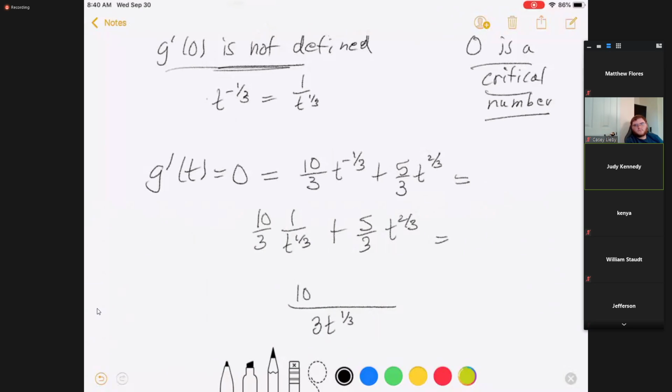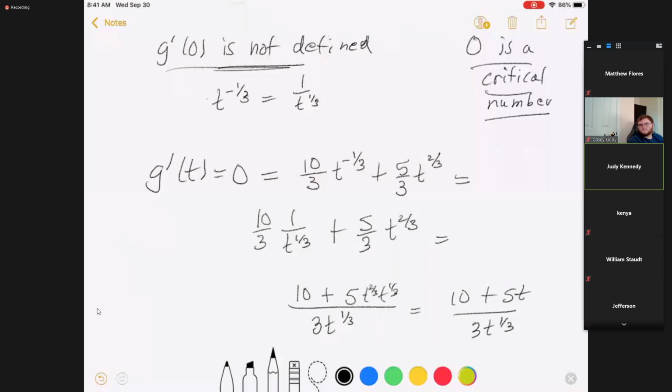The 10 is already over 3t to the 1/3. The 5/3 t to the 2/3, well, the 1/3's already in there, so I still need that 5, and this would be t to the 2/3 times t to the 1/3. Got my common denominator. Okay, so this is 10 plus 5t over 3t to the 1/3.